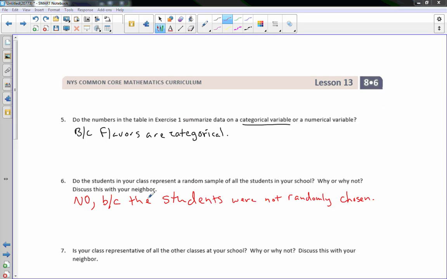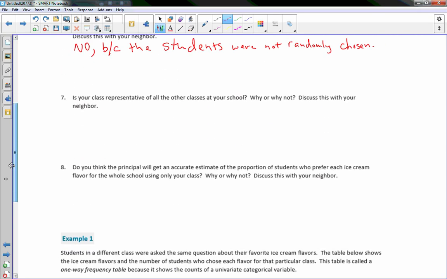Okay, so the answer is no, because the students were not randomly chosen. Number 7, is your class representative of all the other classes in your school? Why or why not? So do you think the outcome would be the same? In this case, you might say, maybe, maybe not, and give an example.